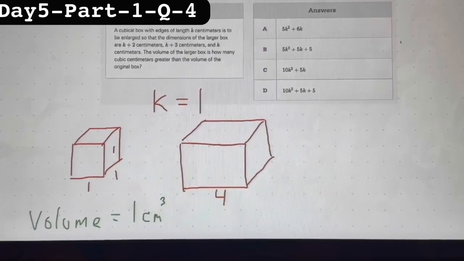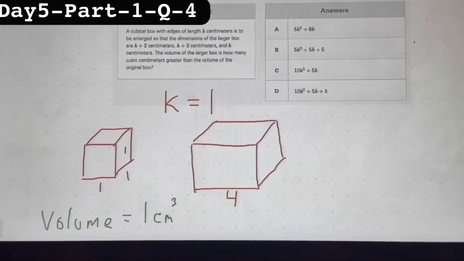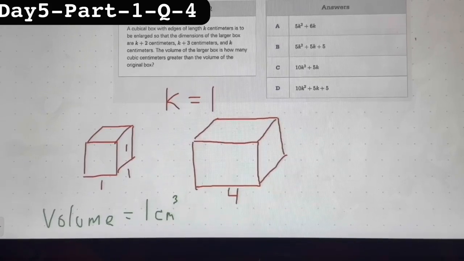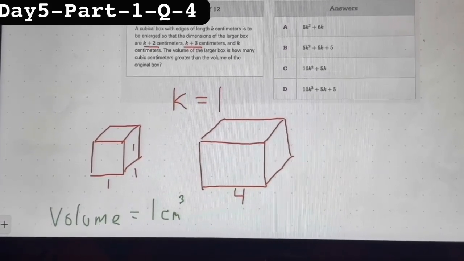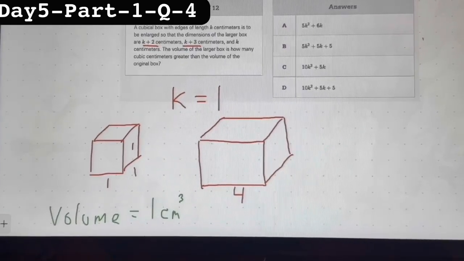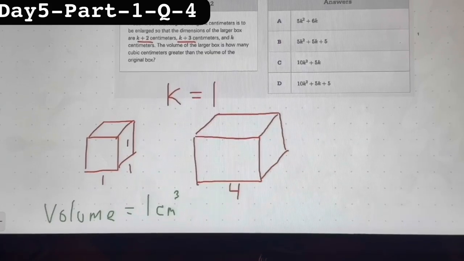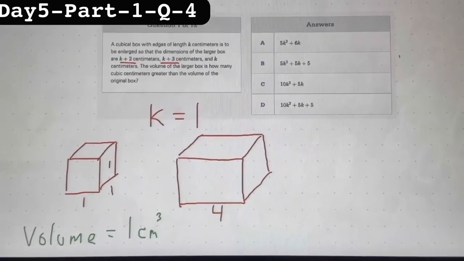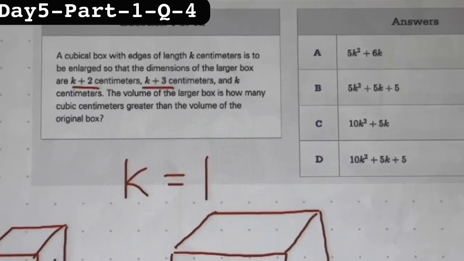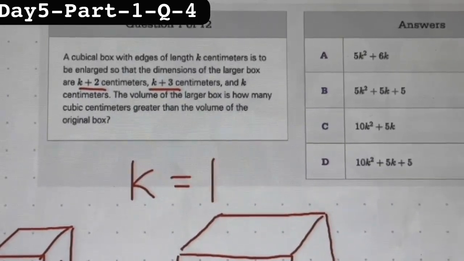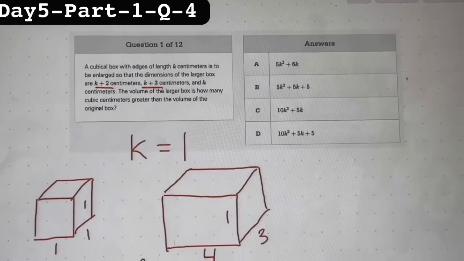The width is K plus 2, which is 1 plus 2, so 3. And the other dimension is K, which is just 1. Does that make sense?